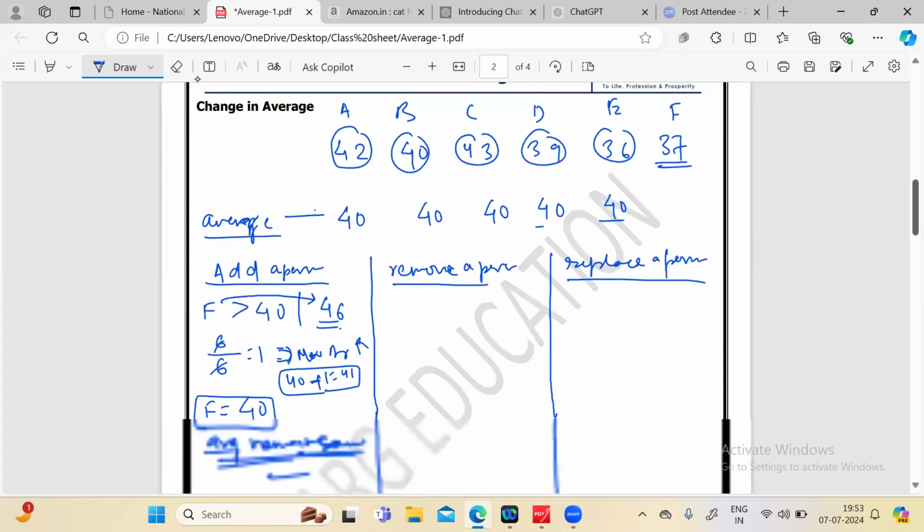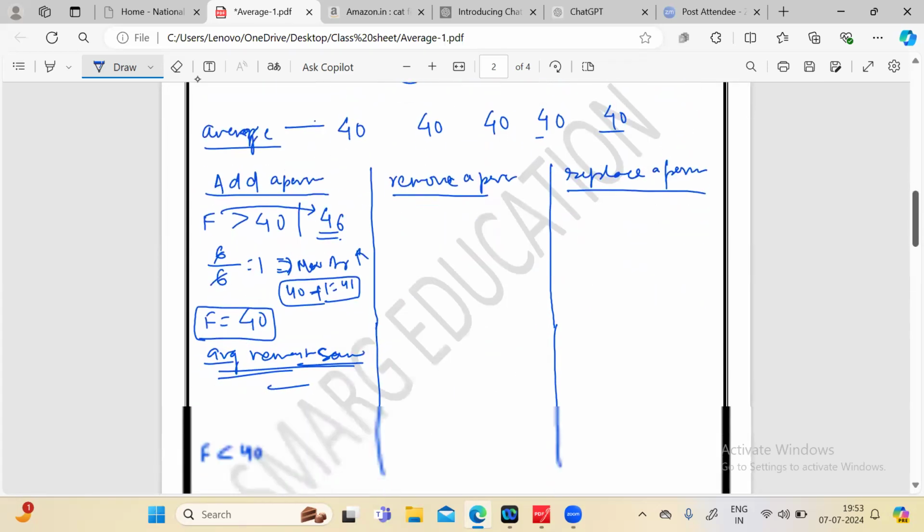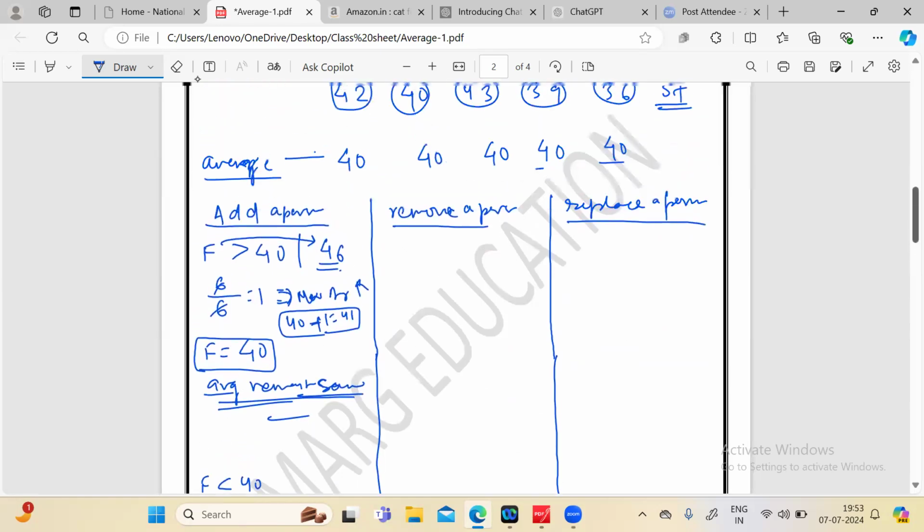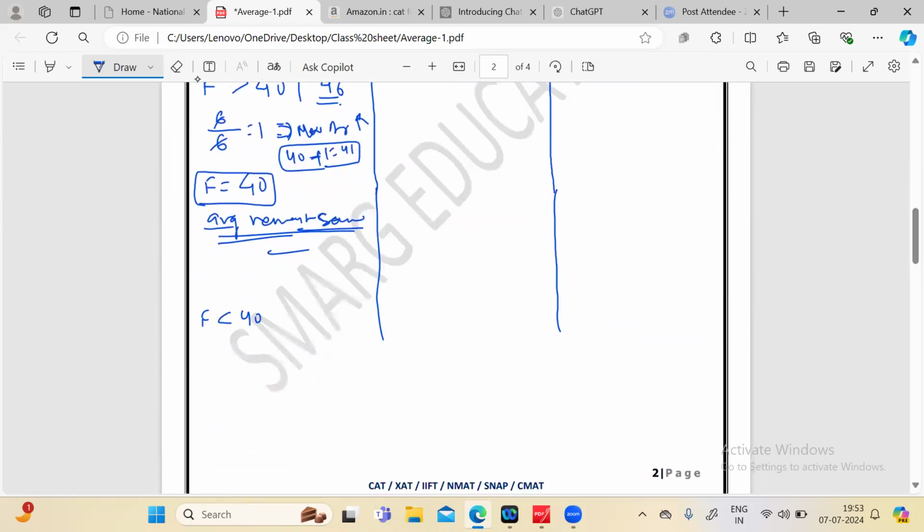So in order to calculate it, there are 2 ways. One is the very traditional way: the initial total will be 40 into 5, plus the new number 37, and the entire sum will be divided by 6. This will be the new average and it will be less than the previous average.